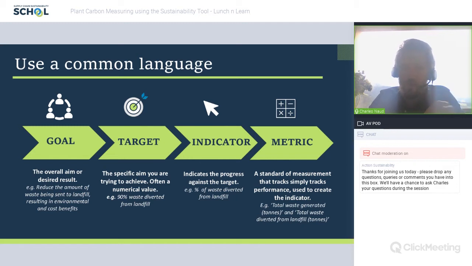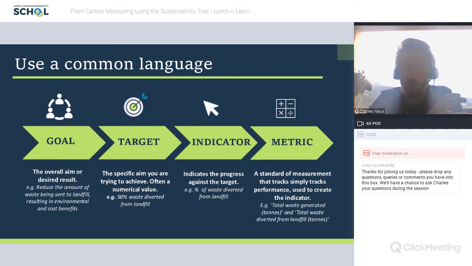To do that, there's a clear hierarchy, which was touched upon in the process phase, starting with your goals. That tends to be longer term objectives that your organization has. For example, we want to be carbon neutral by 2025, or we want to divert all waste from landfill by 2021, as examples.